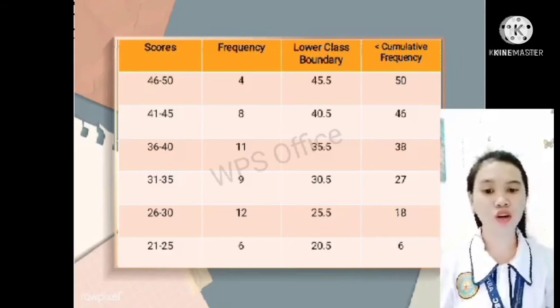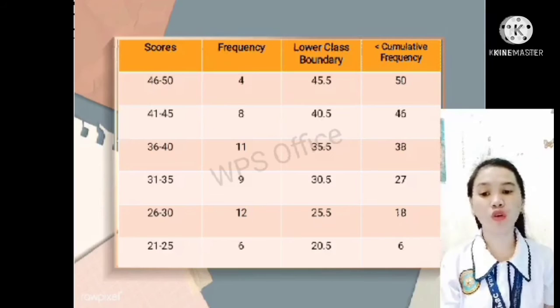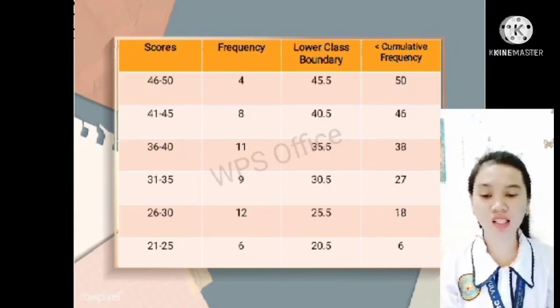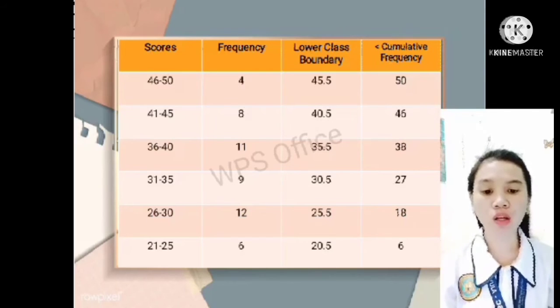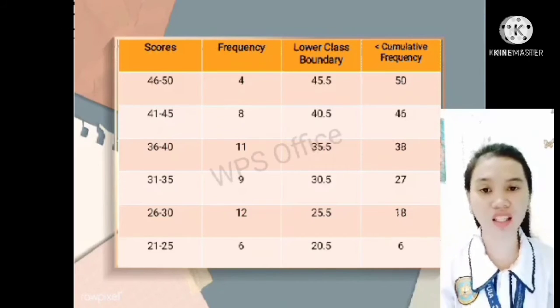This is organized because it goes 5 by 5: 21, 22, 23, 24, 25, and so on. Then the frequency is the number of students for each class: 6, 12, 9, 11, 8, and 4.